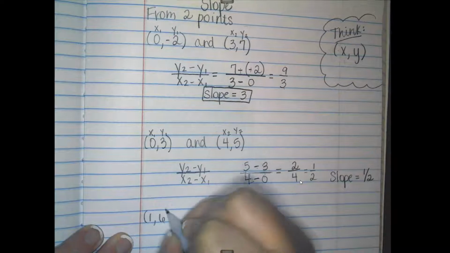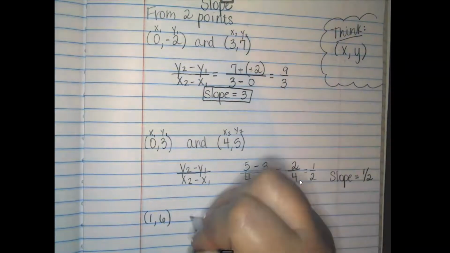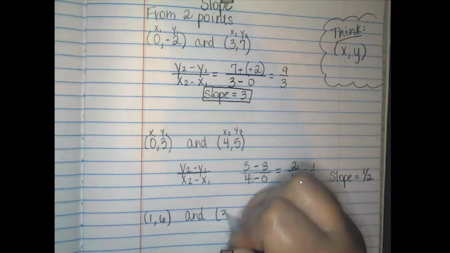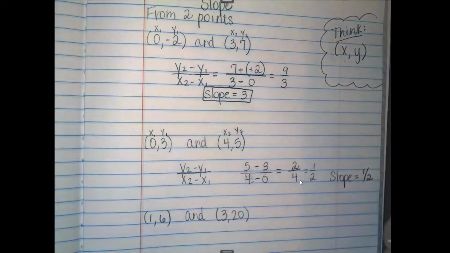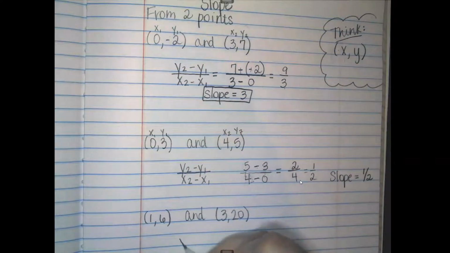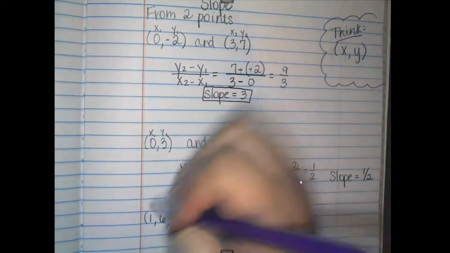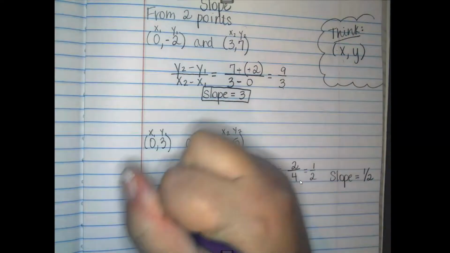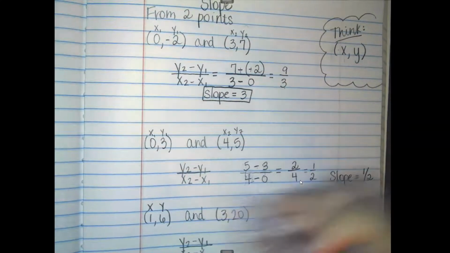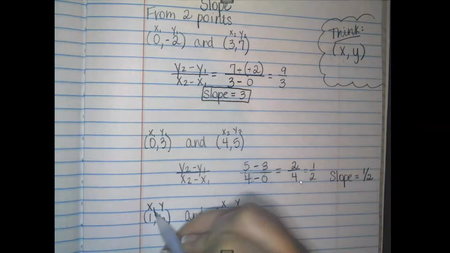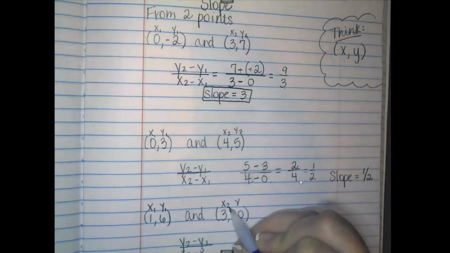1, 6, and 3, 20. So my formula is y2 minus y1 over x2 minus x1. So I'm going to come up here and label x, y, x, y. This is my first point. This is my second point.